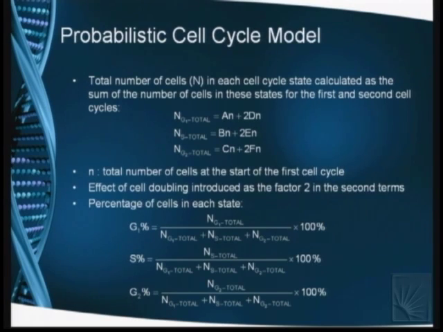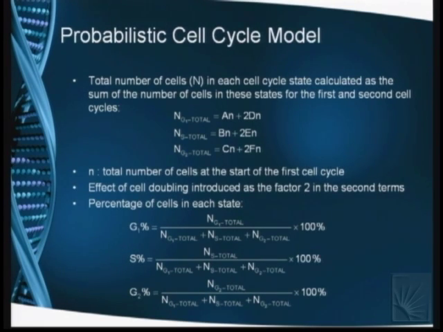So the total number of cells, we represent them as n's in the model, you can calculate by multiplying these probabilities to the initial number of cells in G1. And you just add them up for the first cell cycle and the second cell cycle.